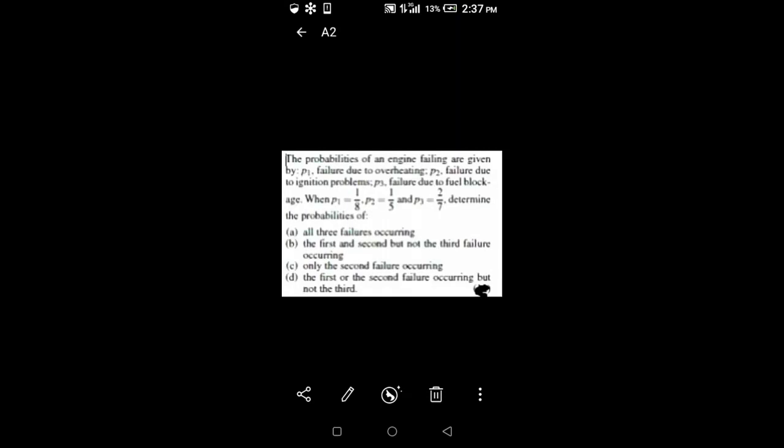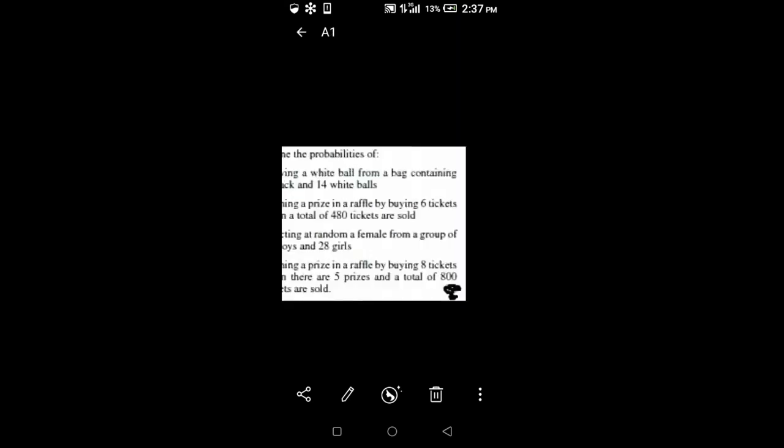So this is the second assignment in this particular topic under probability. Please screenshot it. And this is the first assignment, that is A1. I'm only showing it to you in form of slides so that you can screenshot it, please.